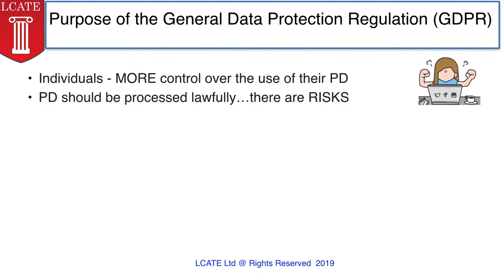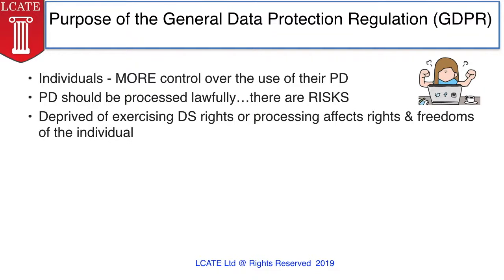So organisations must process personal data lawfully, and there are risks. The risk could be, if they process the personal data, it could lead to the individual being discriminated. There could be identity theft, fraud, financial loss of confidentiality, and the list can go on. So if the individual is deprived of exercising data subject rights, or processing affects the rights and freedoms of the individual, then they can basically make a complaint to the supervisory authority.